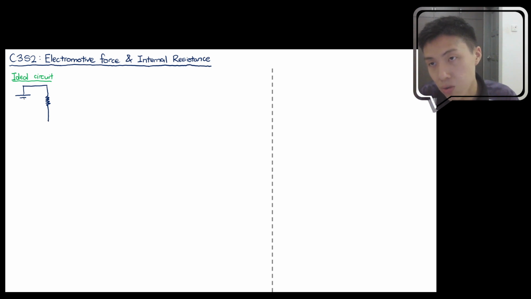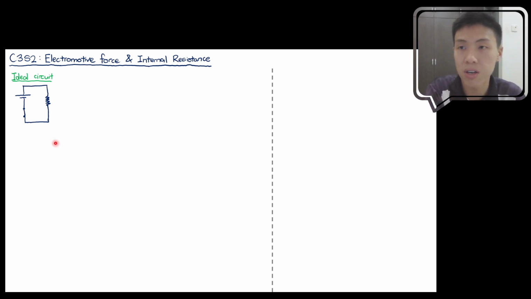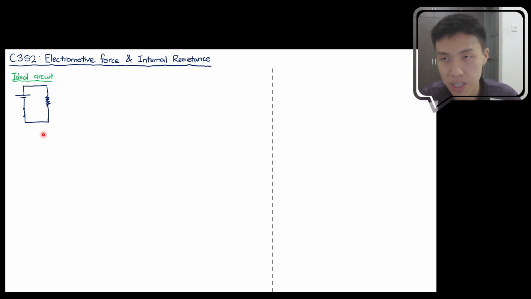Let's say you might plug in a switch here, and it's closed right now, and you have your basic circuit. This is an ideal circuit which consists of a battery, a resistor, and connecting wires between them.